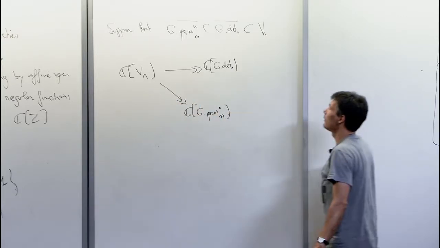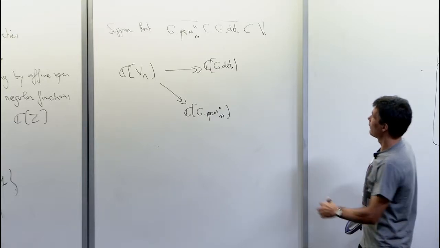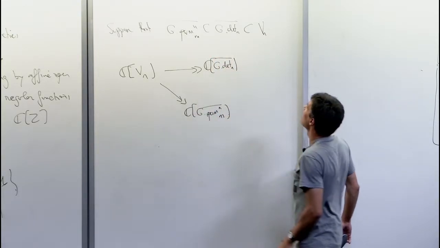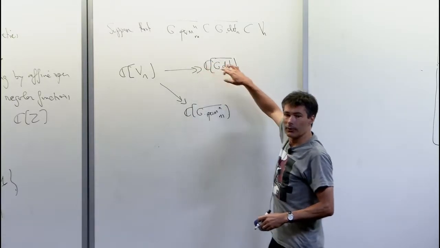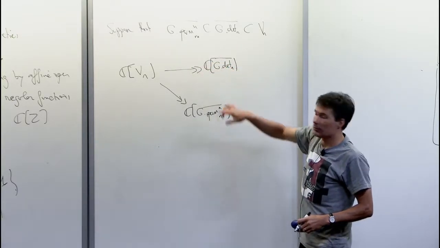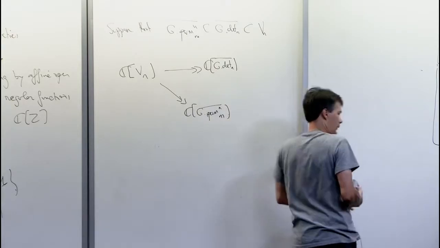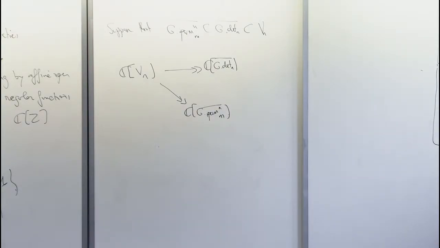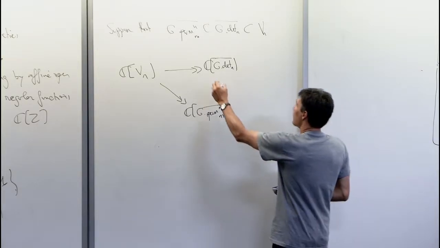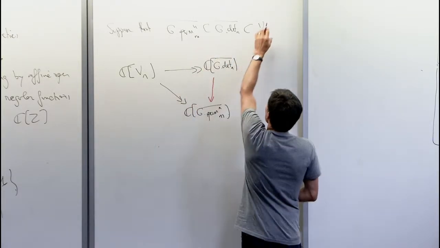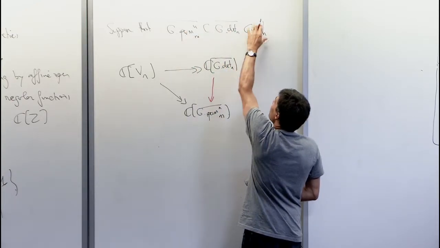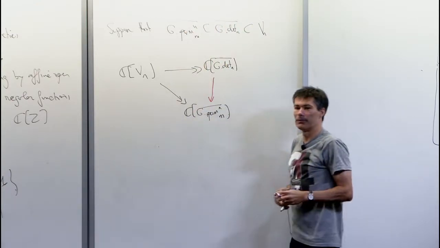The restriction map is surjective. And now if we have the inclusion, the map factors. If we have the inclusion, we get this extra map, because when we restrict from here to here, we can just restrict from here to here, and then to here.